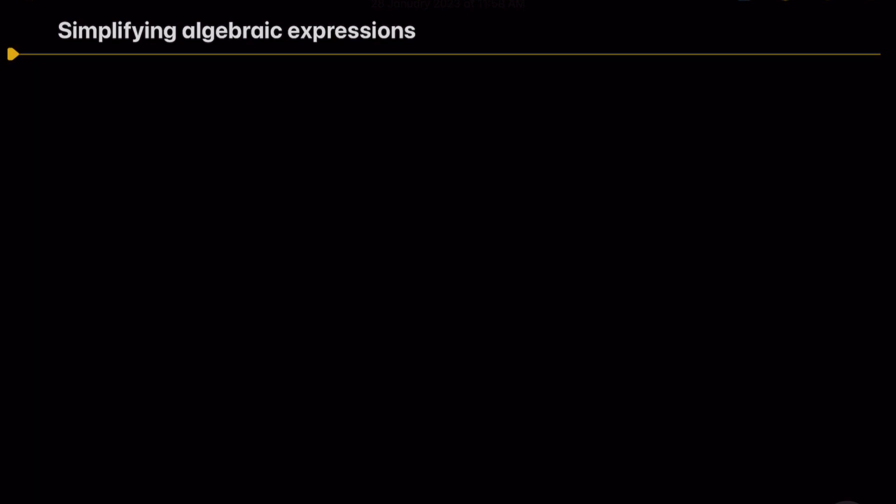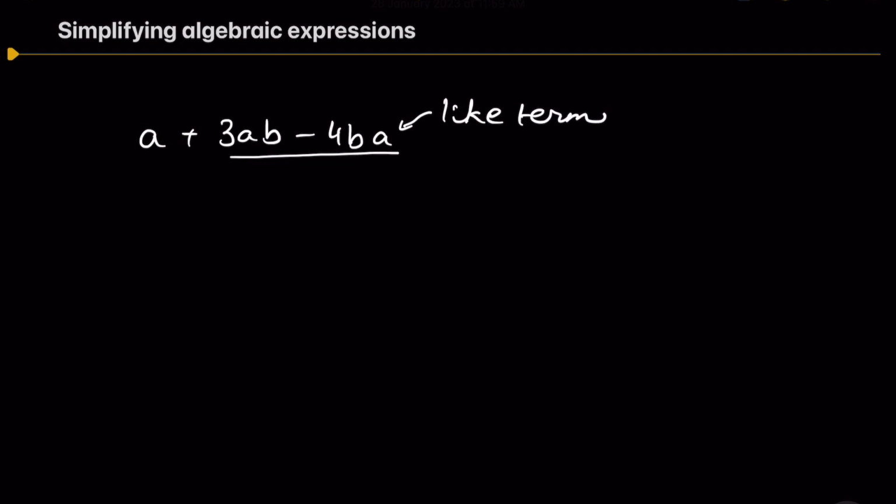For example, if you had a question to simplify a plus 3ab minus 4ba, you could simplify this by subtracting these two terms because they are known as like terms. They have the same variables a and b, so you can add them or subtract them.